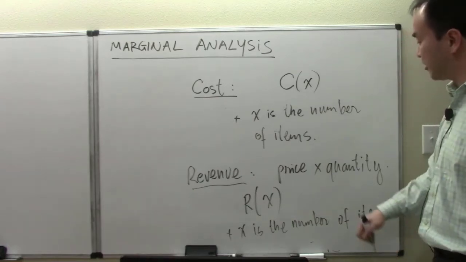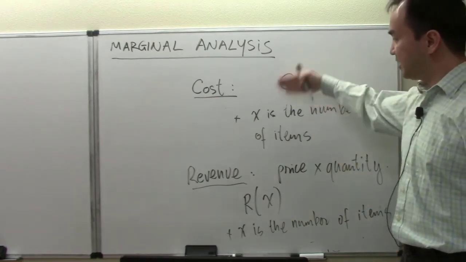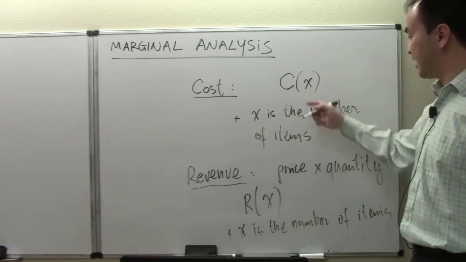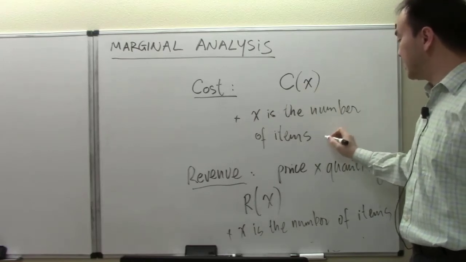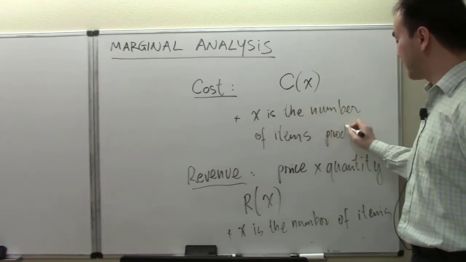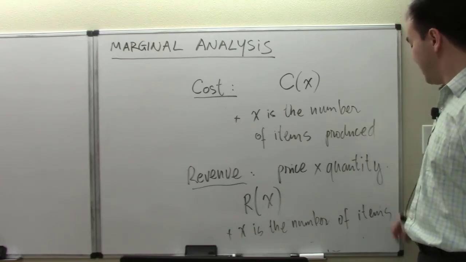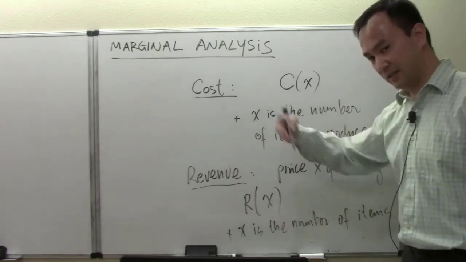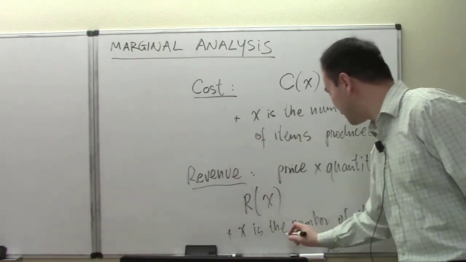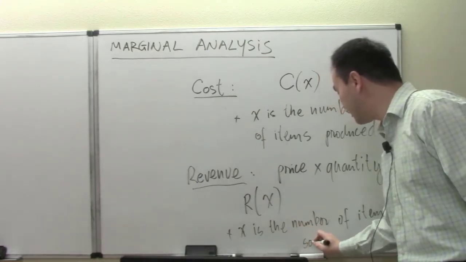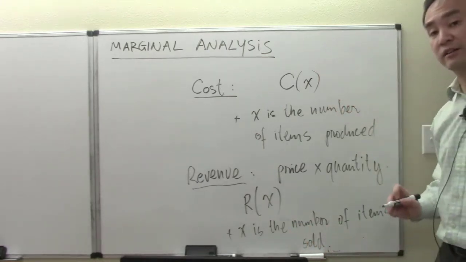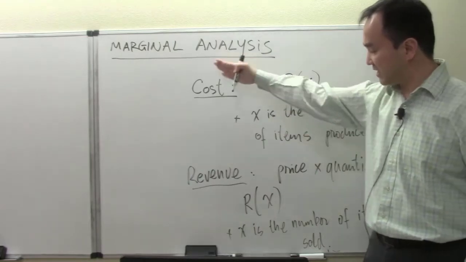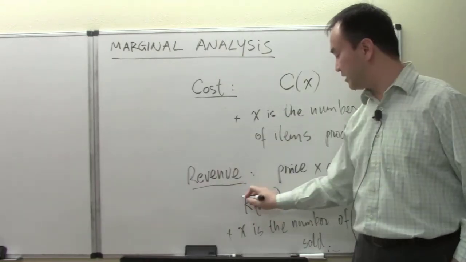But I'm going to go back: x in my definition of cost is the number of items being produced, to be precise. And x here in revenue is the number of items being sold, or that you're aiming at selling away. So that's cost, that's revenue.